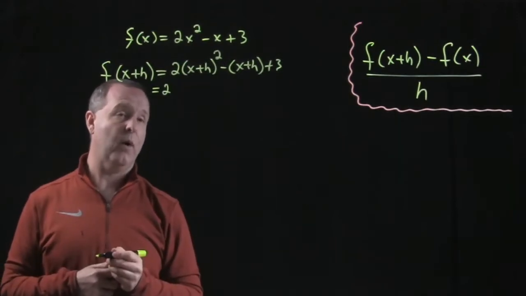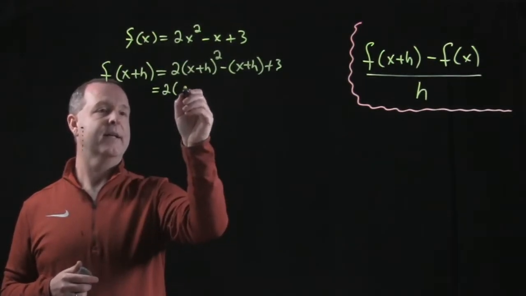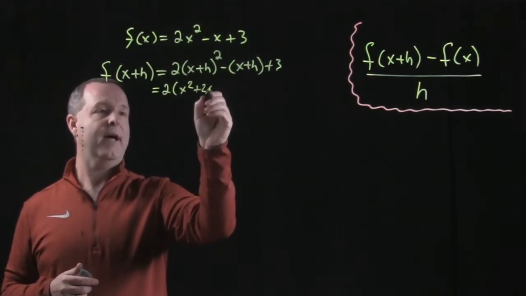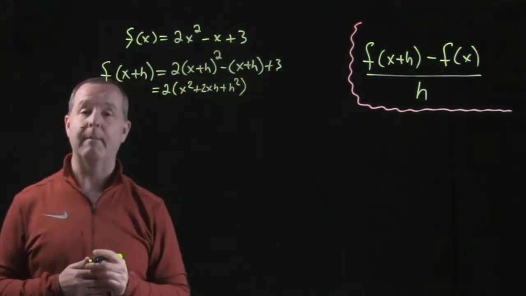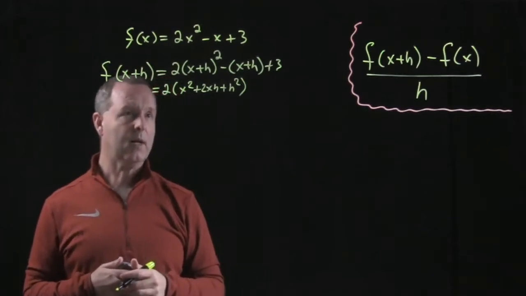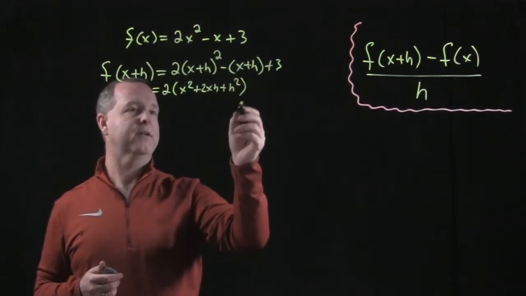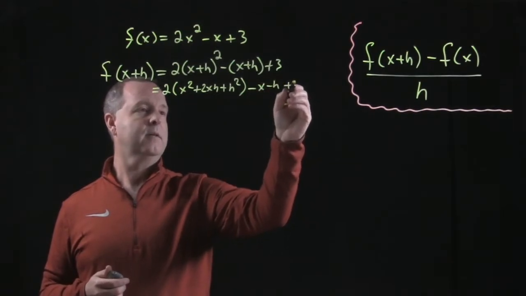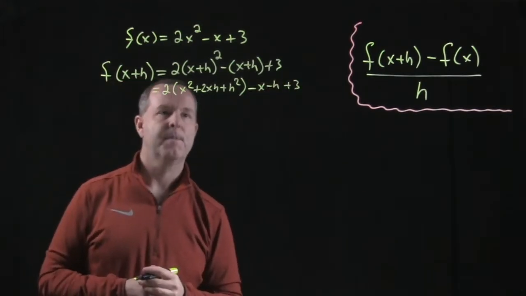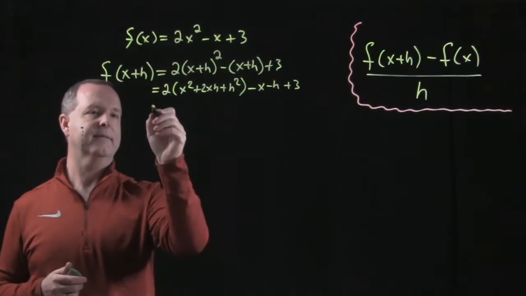(x plus h) squared, that is x squared plus 2xh plus h squared, if we remember how to multiply those two factors, minus x minus h plus 3. All right, let's clean that up a little bit if we can.